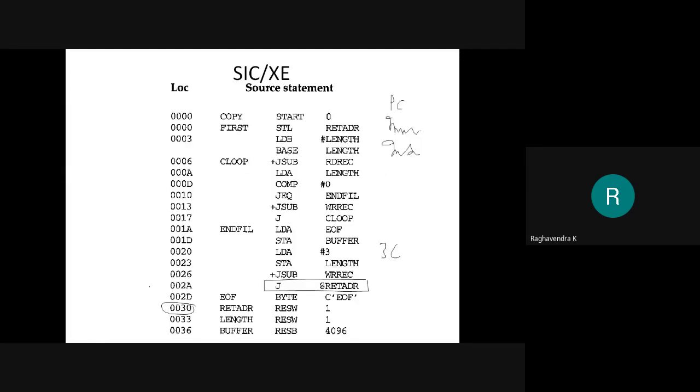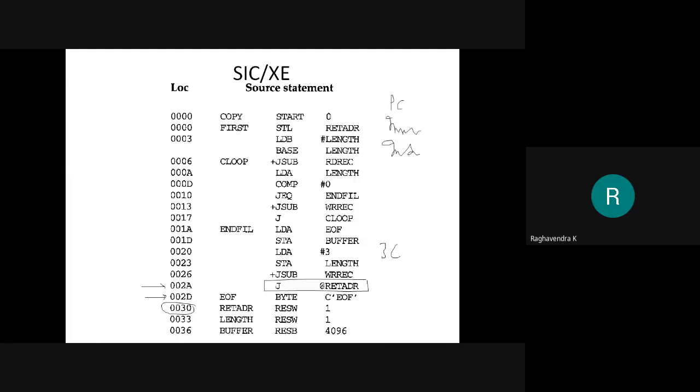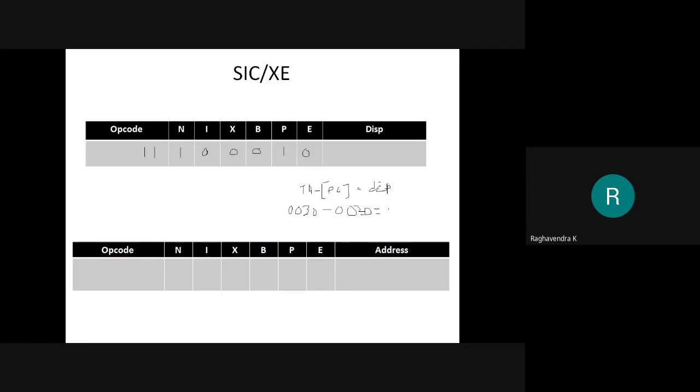I'm assembling this instruction, so obviously the next instruction is 002D, right? So how far is it? By looking at the instruction itself, I can tell it is only 3 bytes away, right? I need not use the calculator for this. So it is only 3 bytes away. So it is 003.